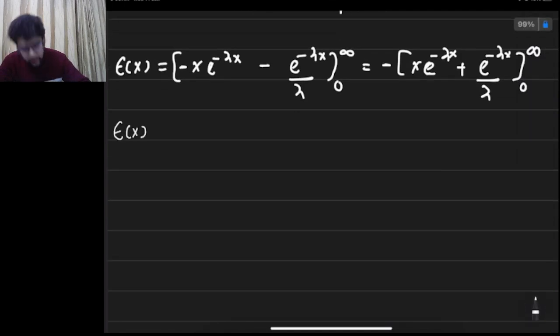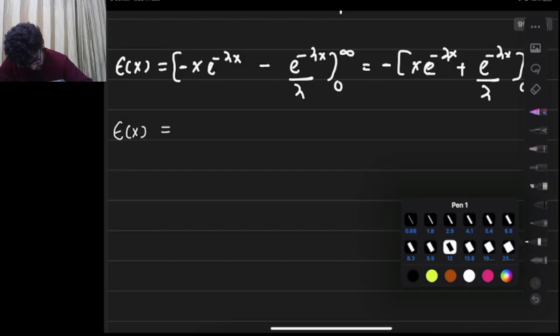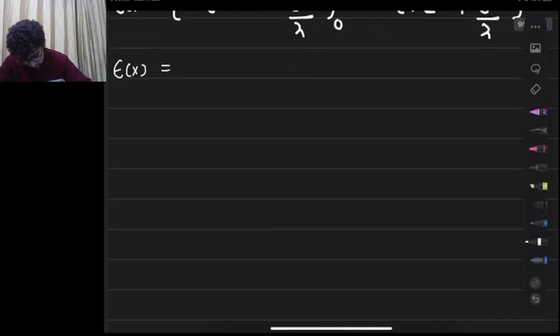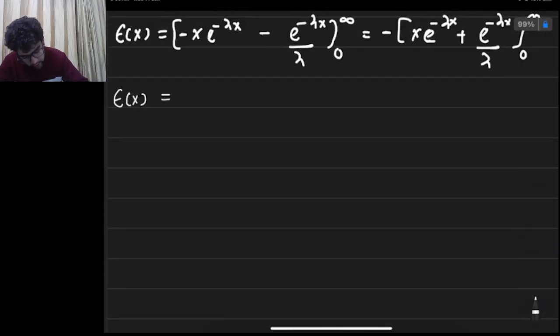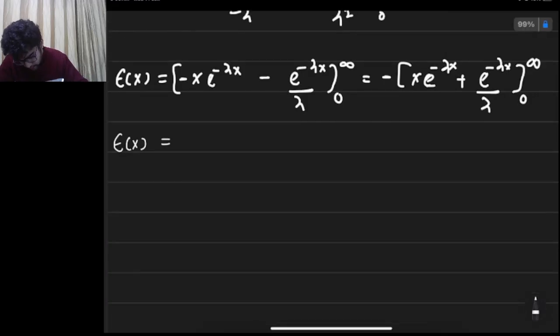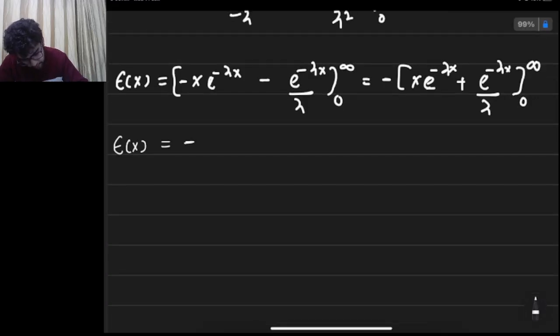So now the expected value becomes, this becomes 0, e to the power minus infinity becomes 0, and again this also becomes 0, e to the power minus infinity again 0.